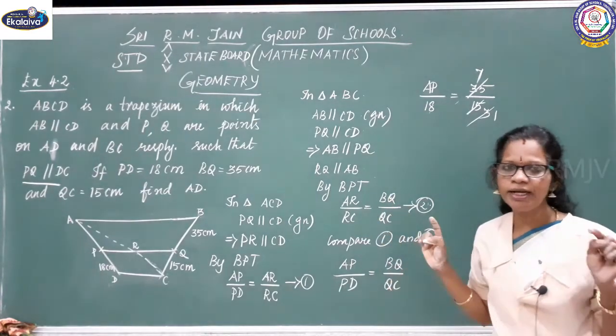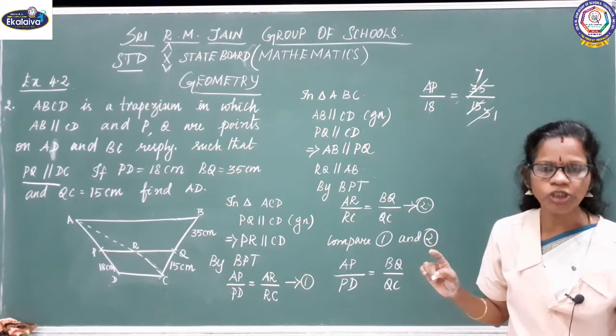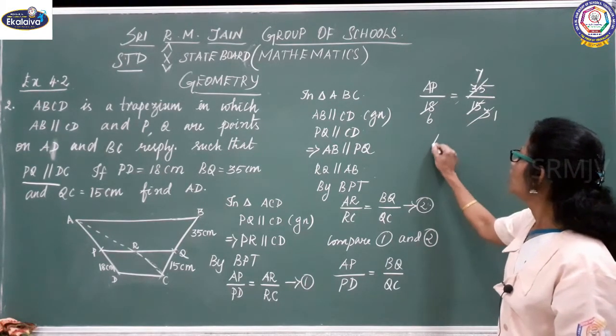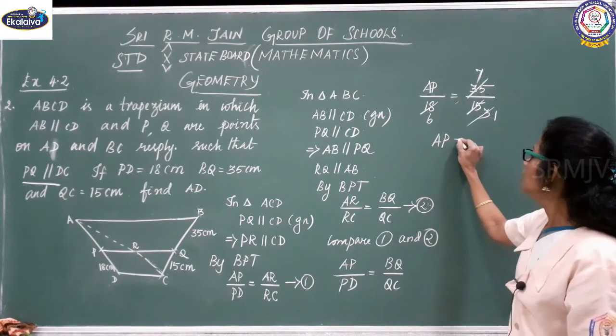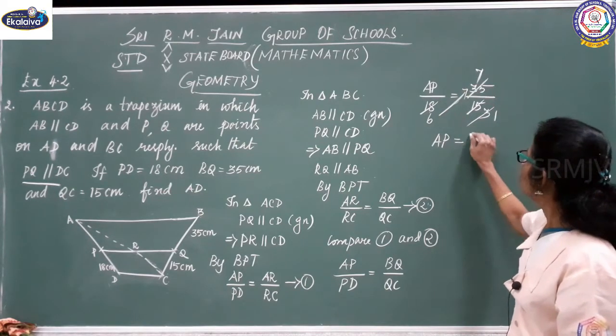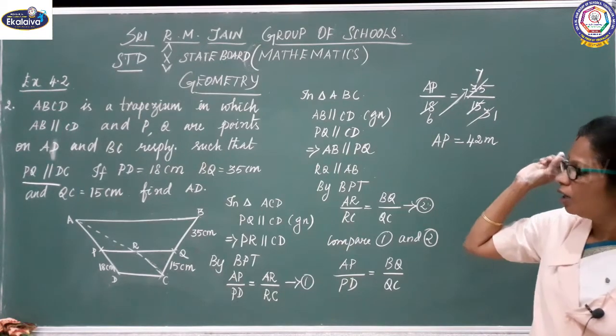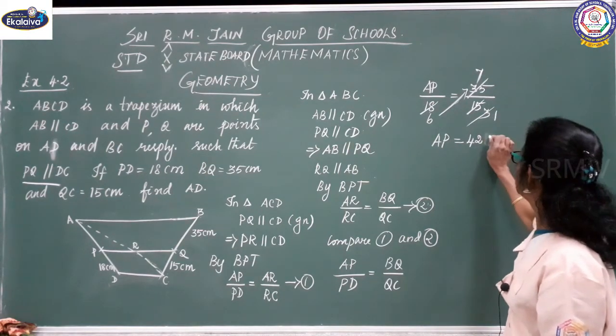If the denominator is a common multiple you can divide: 18 divided by 3 is 6, and 6 times 7 is 42. Then what is your AP? AP equals 42 centimeter.